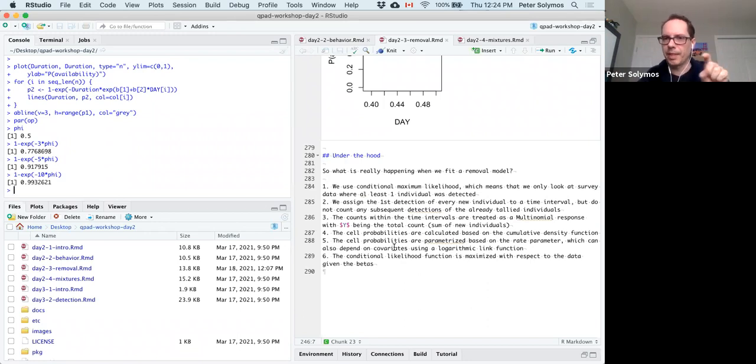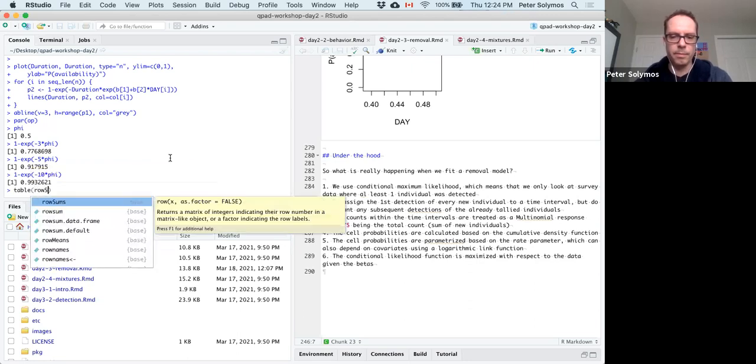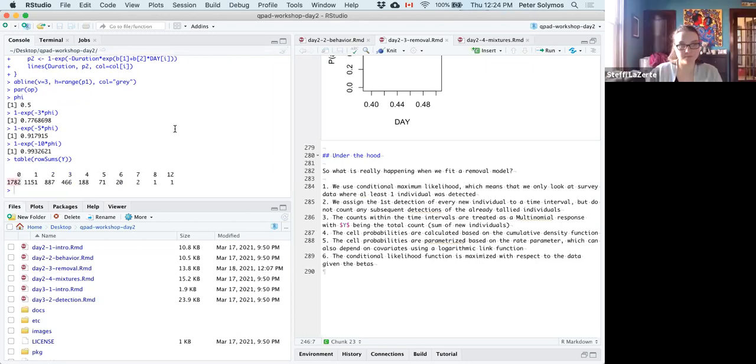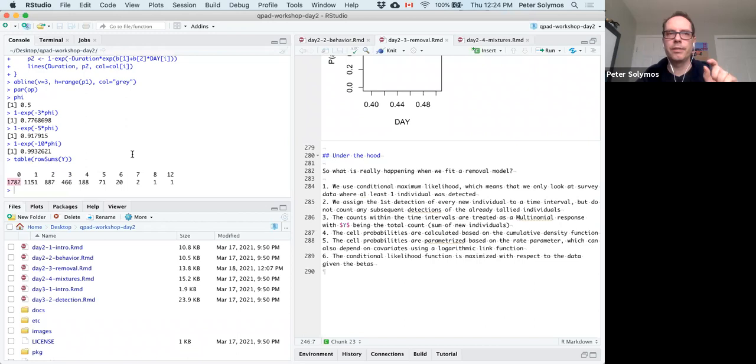But that C, conditional, what that means is when we are looking at the Tennessee warbler data, we have the total counts like this. There's a bunch of zeros. We detected nothing. So this estimation that we do here, which is described at the very end of this 2-3 file, is only looking at data where the sum is greater than 0.